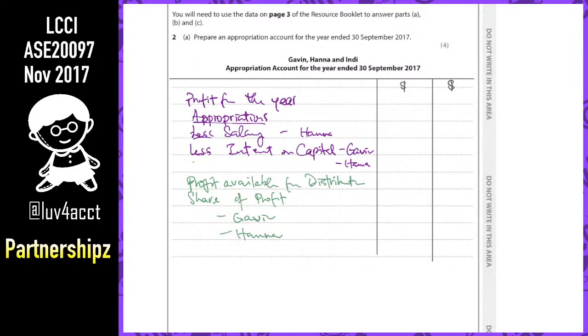Okay, quite short. 72,000, 12,000 for Hannah, 4,000, 4,000. Together we have 8,000. So 72 minus 12 minus 8, we have 52,000.